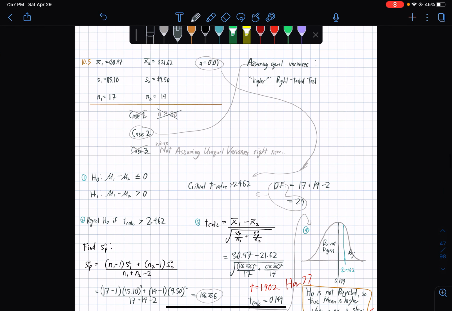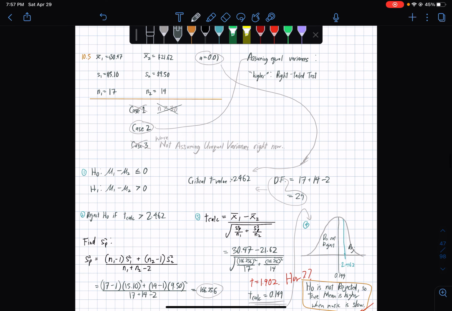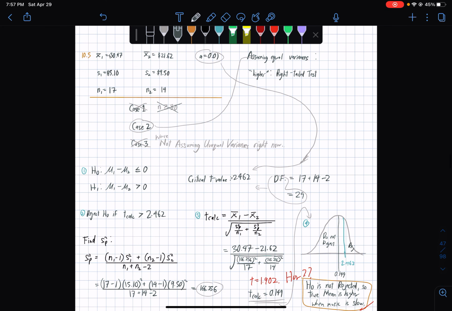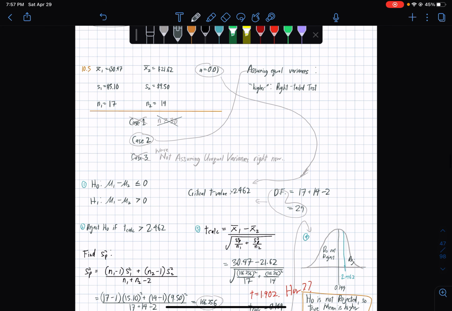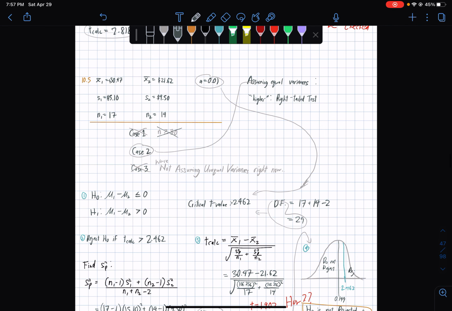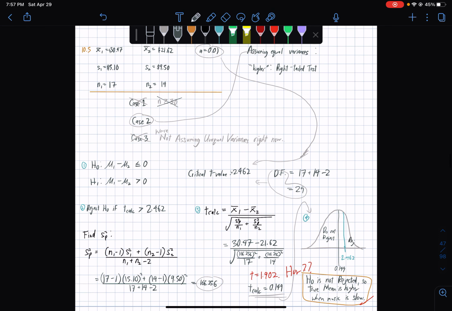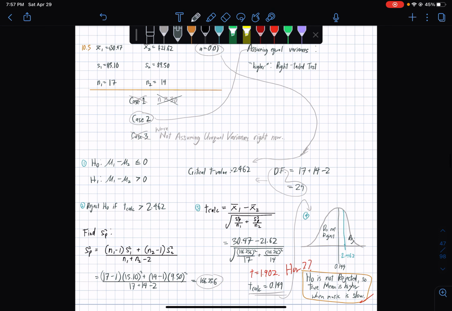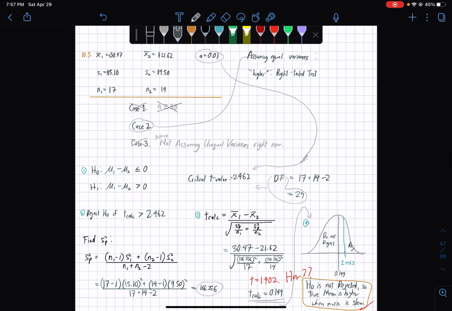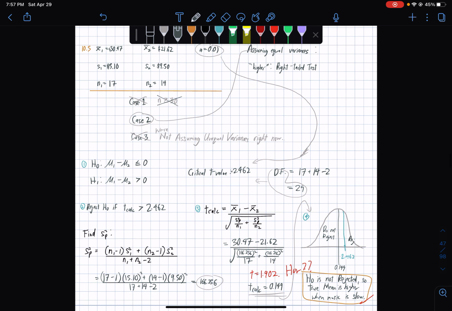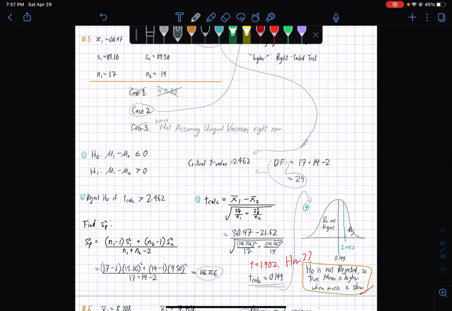But what did I use here? I used case 2 in this scenario, but then I had a different t value.